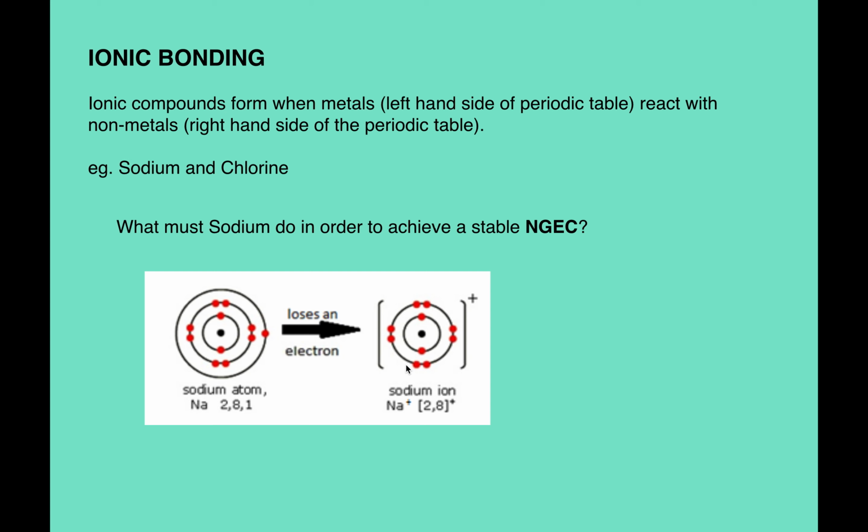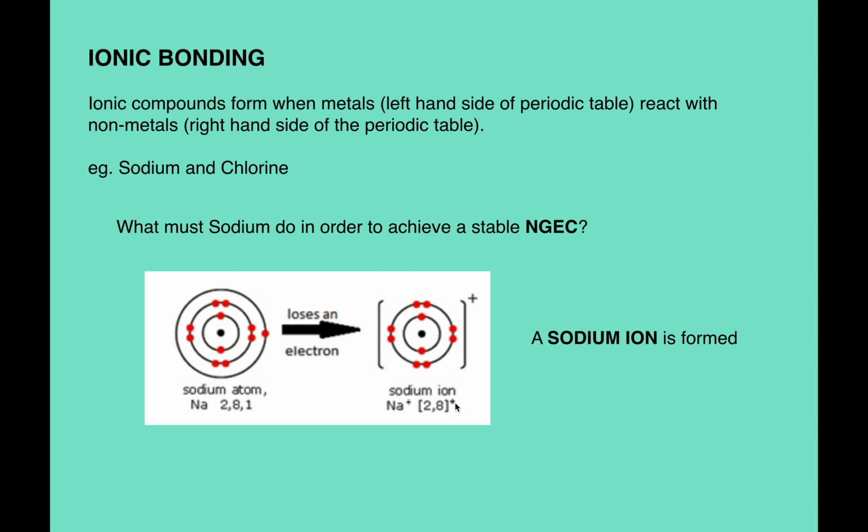By losing that electron, it's got 1 fewer electron and it's still got the same number of protons that it started with, so it now has a 1 positive charge, because it's lost 1 electron. So what's formed is a sodium ion. The sodium ion has the electronic configuration of 2, 8, and it has a positive charge because it's lost an electron.